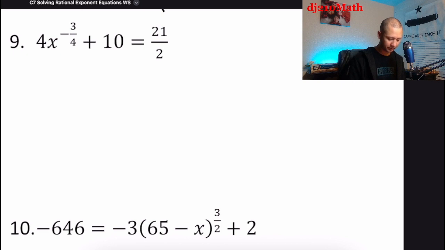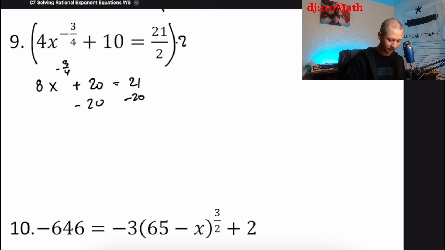So if we clear the fraction, meaning multiply everything by 2, it's going to be 8 x to the -3/4 plus 20 is equal to 21. Minus 20, so 8x to the -3/4 equals +1. That's nice.